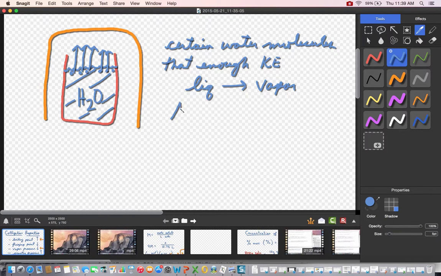The delta S increases as I go from solid to liquid to gas. The delta H increases as I go from solid to liquid to gas.